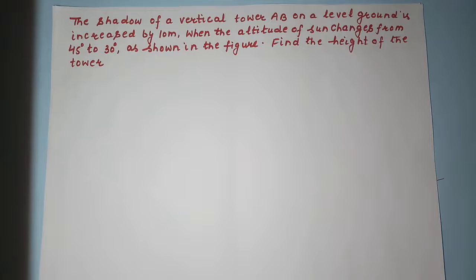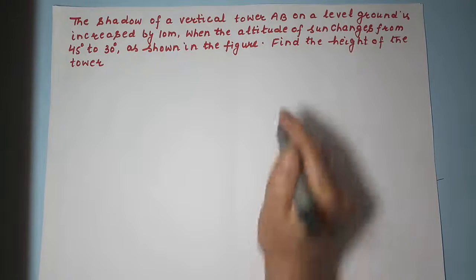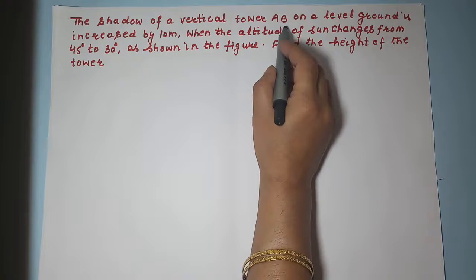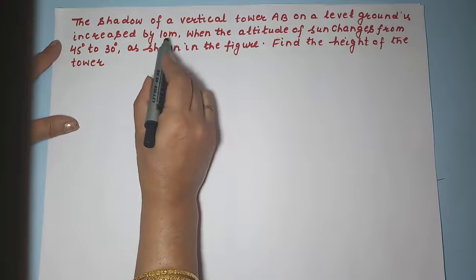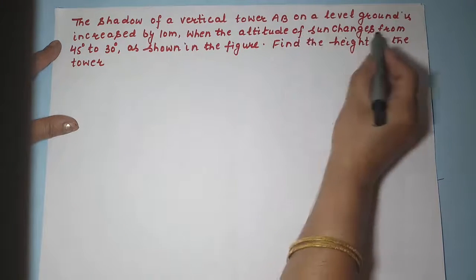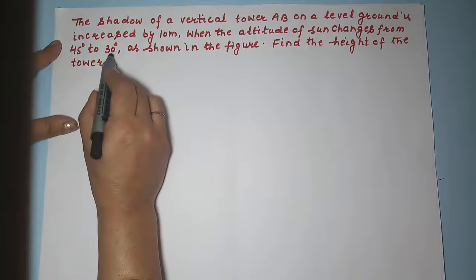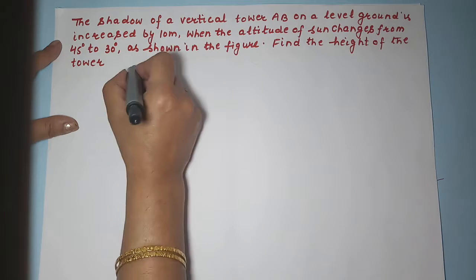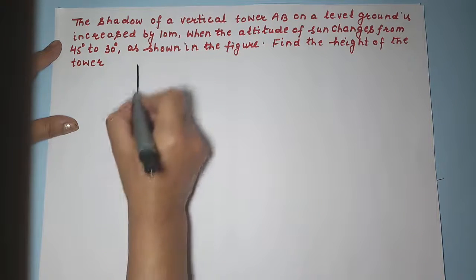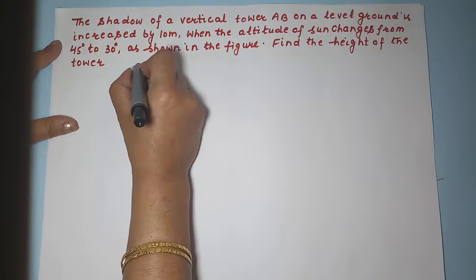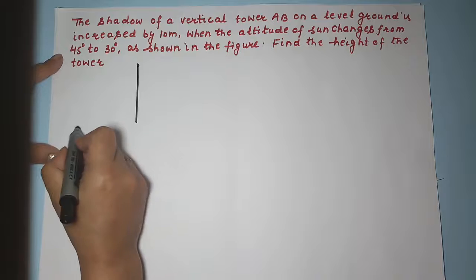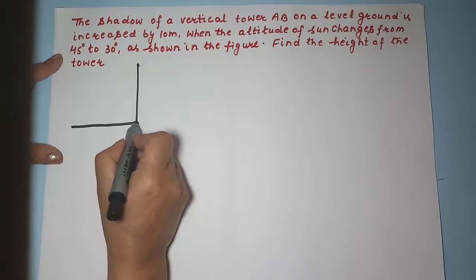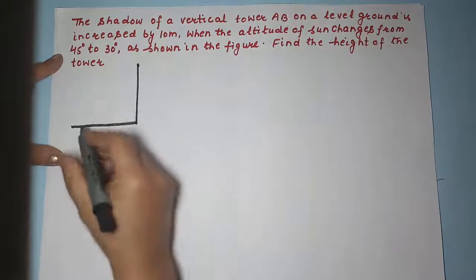Now the next one. He's saying that a shadow of a vertical tower AB on level ground is increased by 10 meter when the altitude of sun changes from 45 to 30 degree, right? What is he saying? He's saying that let's consider that there is a sun here and the shadow of this vertical tower increases.